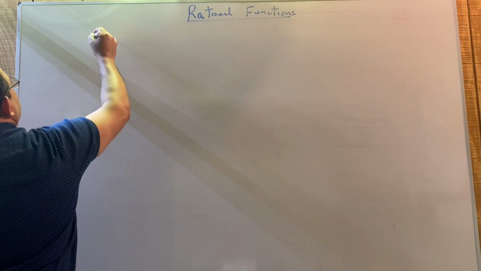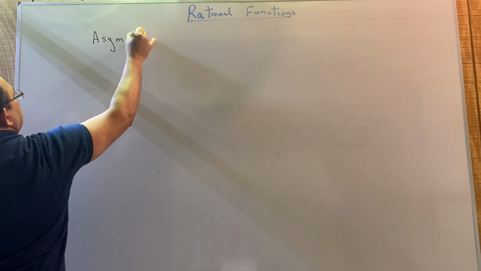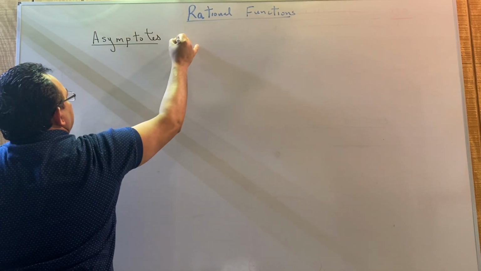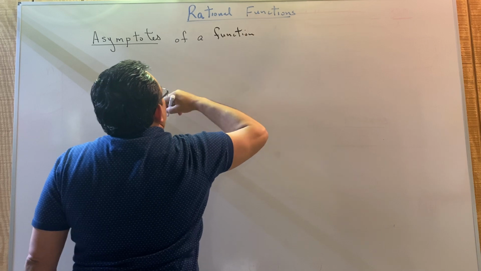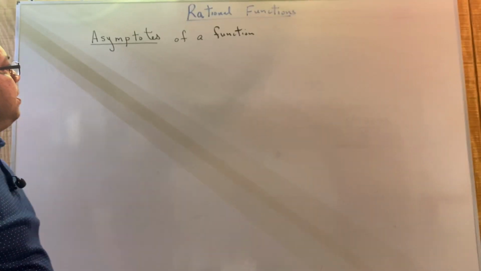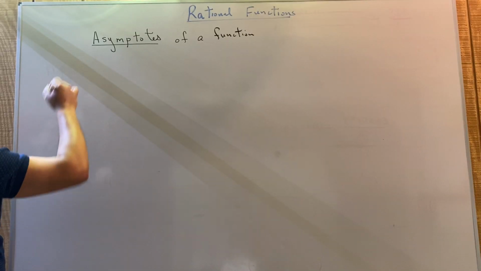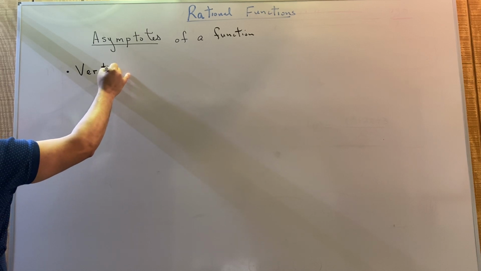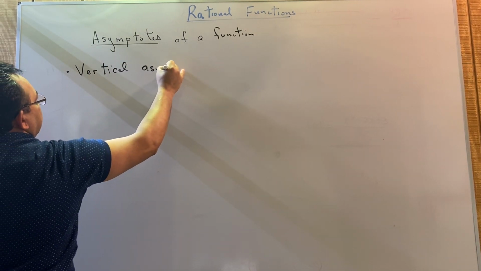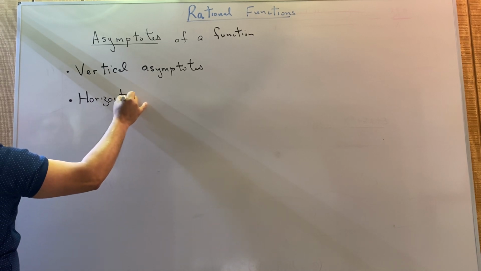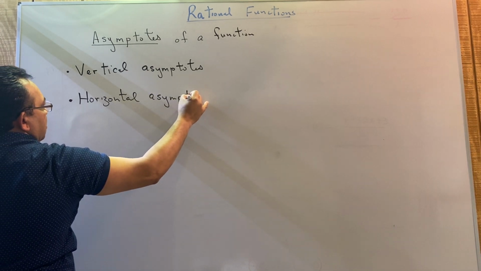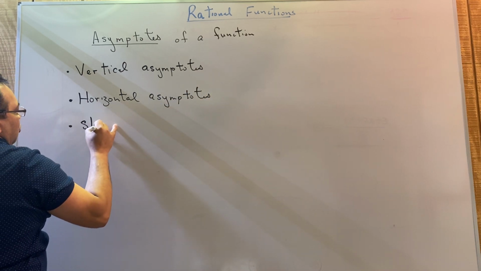Well, generally we look at three types of asymptotes, and generally, since we're talking about rational functions, we're looking at vertical asymptotes, horizontal asymptotes, and slant asymptotes.